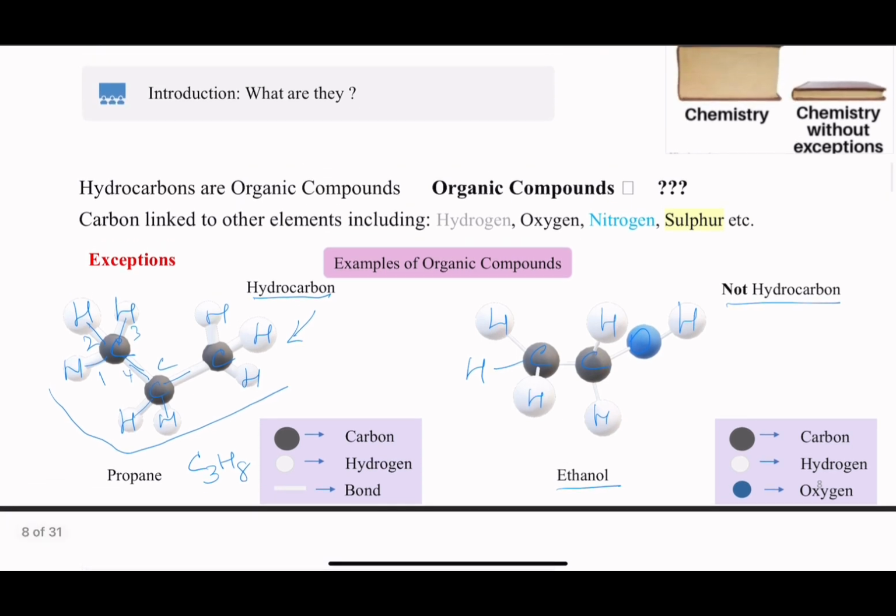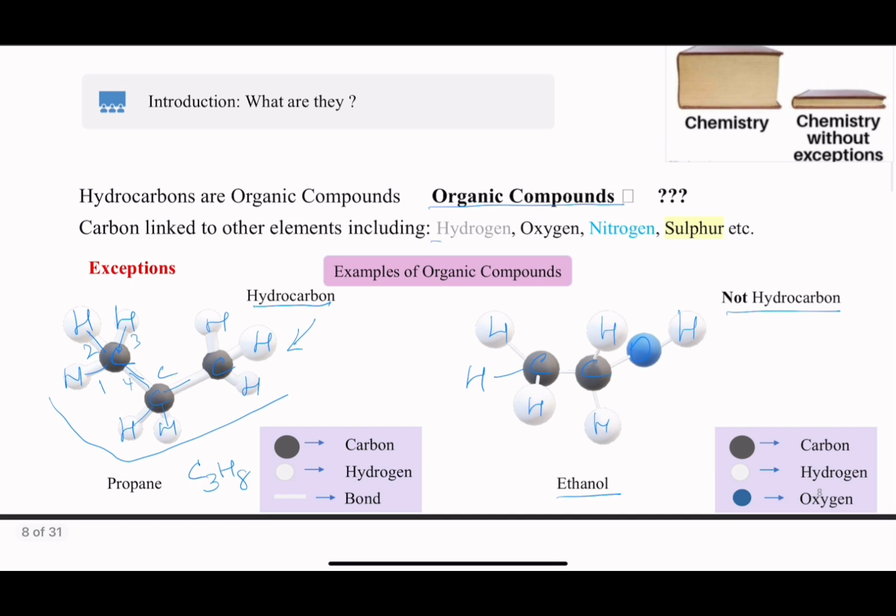But there is also one thing. Organic compounds can have hydrogen. They have carbon mainly, right? We have talked about it. The second element we have is hydrogen, and we can have oxygen, which we have in ethanol. So ethanol is organic, but it is not a hydrocarbon.